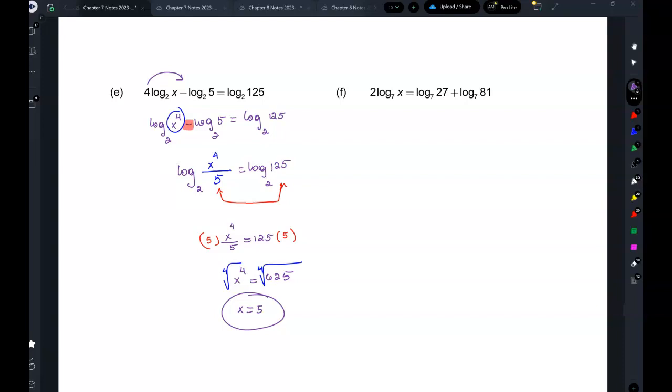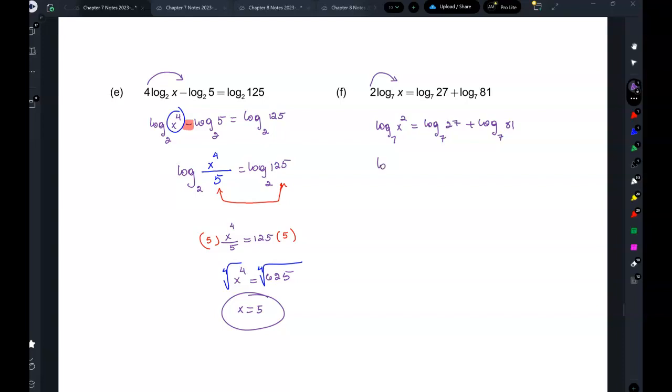Okay, let's take a look at this one. Again, 1 log on one side, 2 on the other. Not cool. We gotta condense. Okay, 2 becomes an exponent, and that's all I have. So log 7x squared equals log 7 27 plus log 7 81.